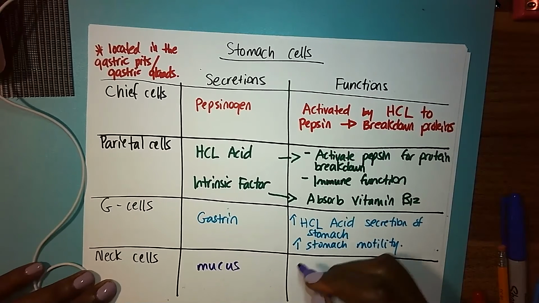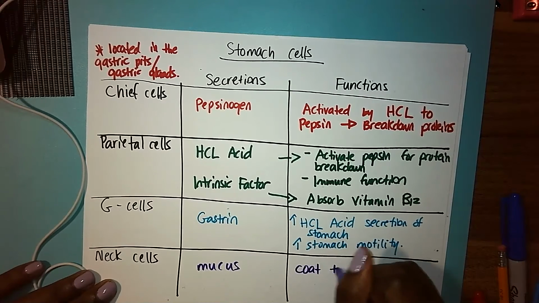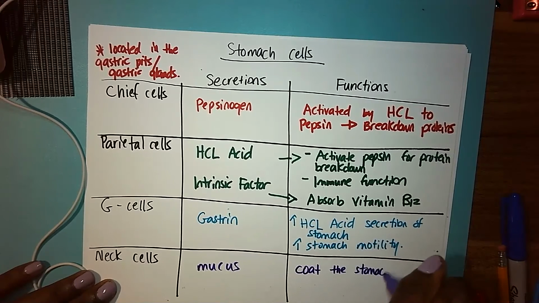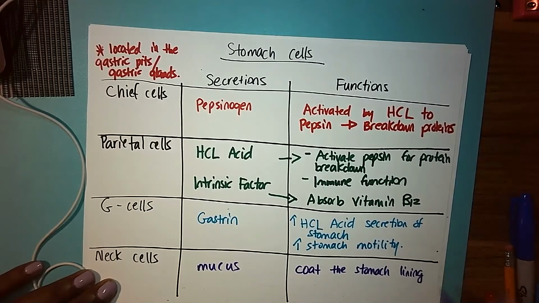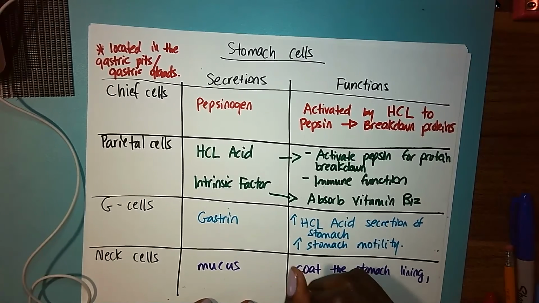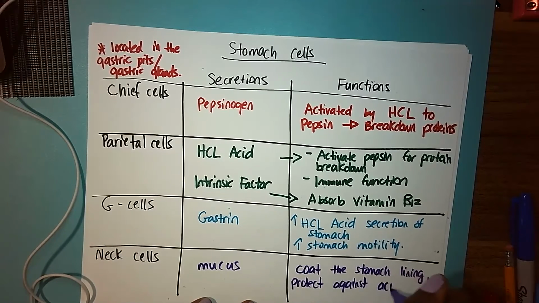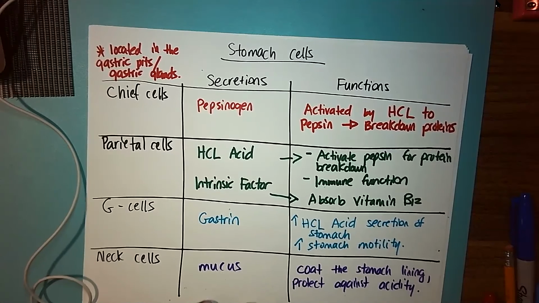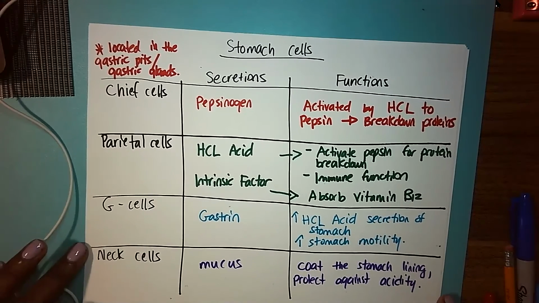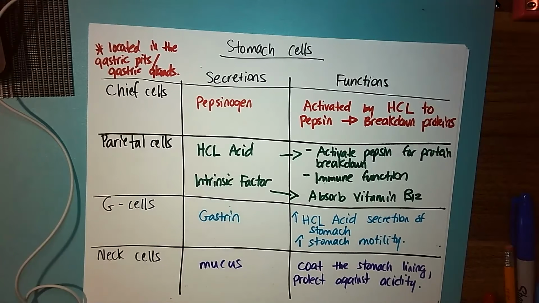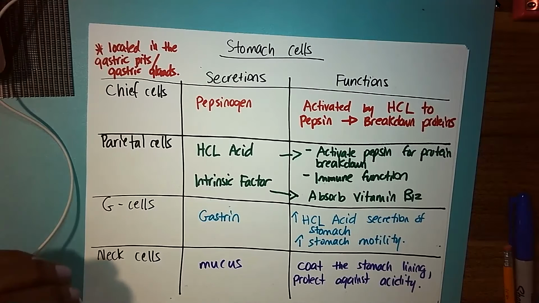And the function of mucus was to coat the stomach lining and protect against acidity, so to protect the underlying stomach lining from the hydrochloric acid. So these are the functions of the gastric pit cells, the cells that secrete them, and the exact secretions of each cell.